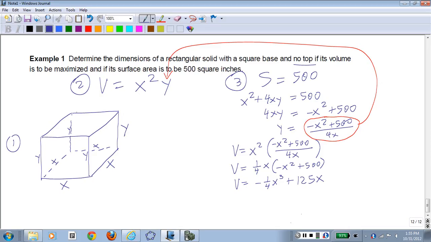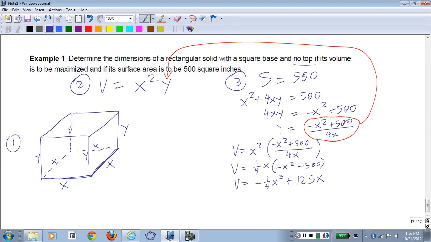If someone gives us this dimension, the length of either one of these bases, and then says, okay, subject to these constraints, 500 square inches of surface area, you can calculate the volume by substituting that one dimension in for x, and it will tell the volume that the resulting rectangular box will contain.